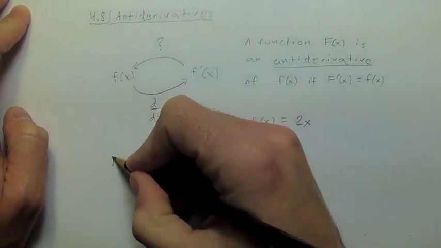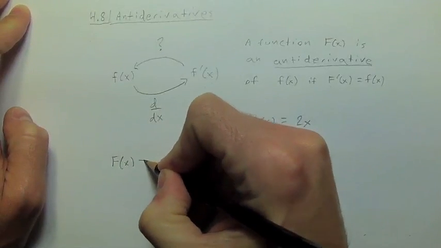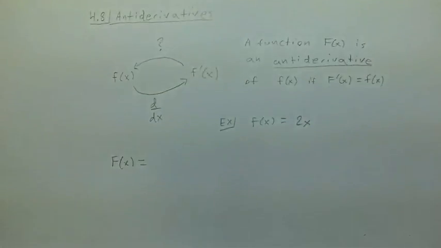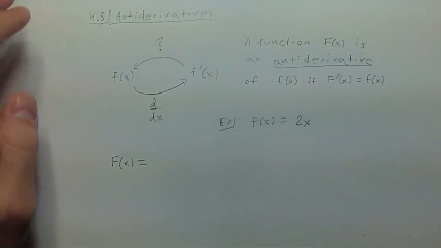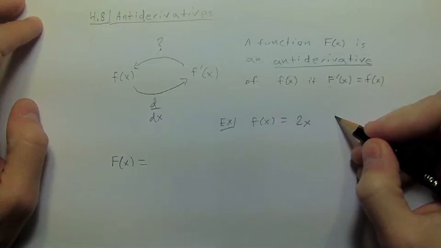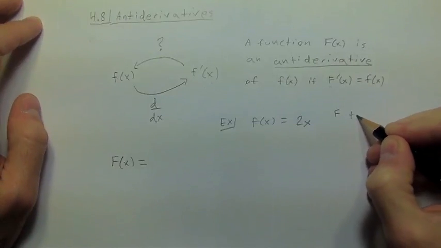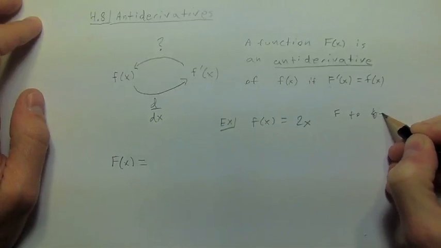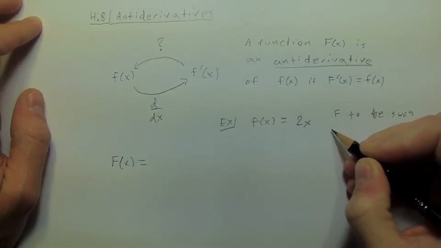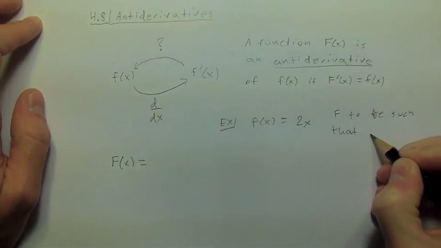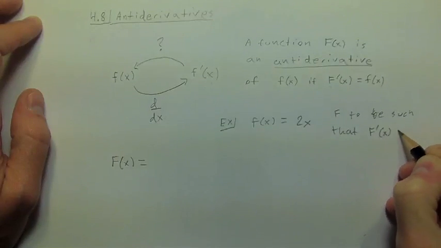So what we're really looking for is a function such that capital F prime of x will give us 2x.